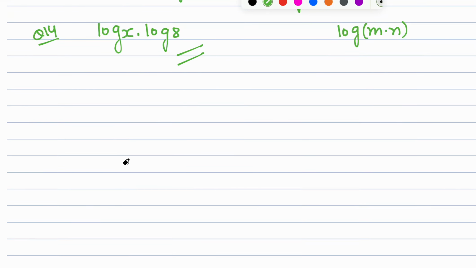Now let's do one more question. Suppose we have log of 5x is equal to log of 2x plus 9. Now both are equal, which means both logs are equal. That means the value of 5x is equal to the value of 2x plus 9.